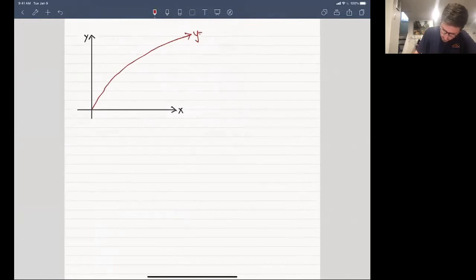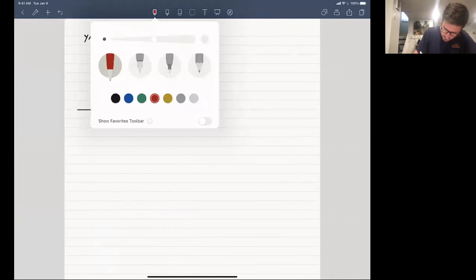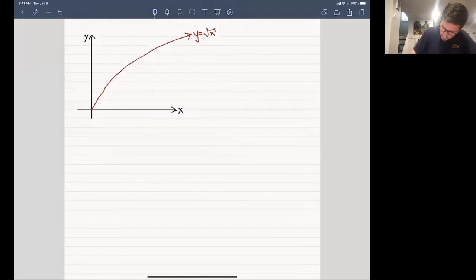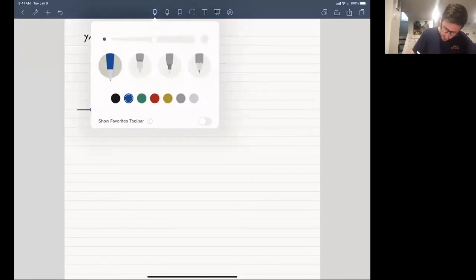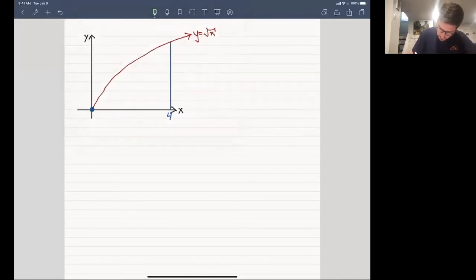So here's the square root of x. We've got our blue curve delineating the endpoint of this thing. So that's at x equal to 4. Still doing this, but now in this case, we are rotating around the x-axis.